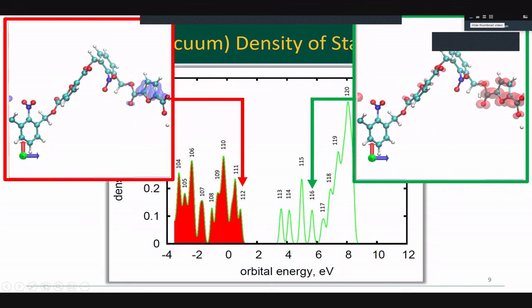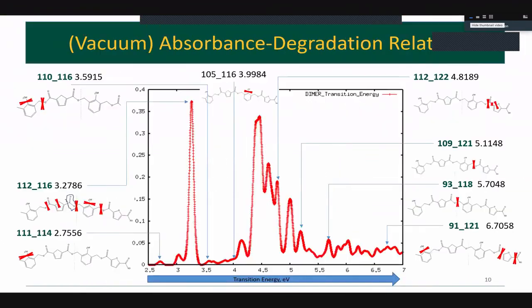It's the different pi bonds relating to the carbons shown. You'll see the p orbitals, the oxygens of the carboxyl group, and you can see quite a bit of difference between the two. In our case, the goal is to specify which electron, let's say from 112, and put it to 116, and how this relates to, quote unquote, degradation.